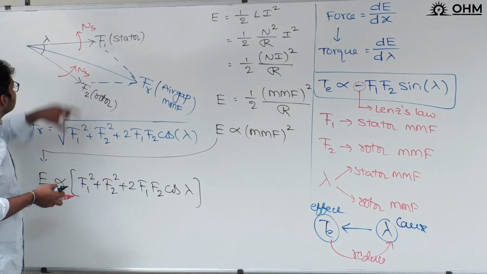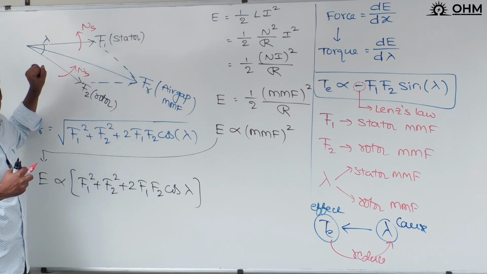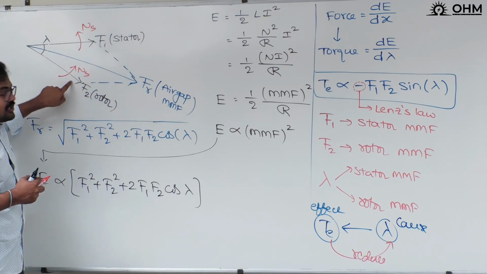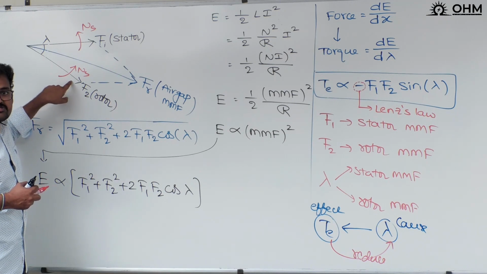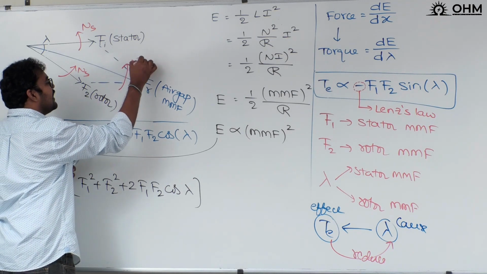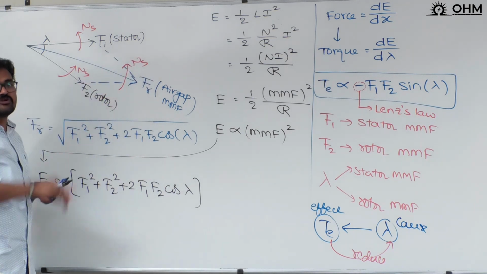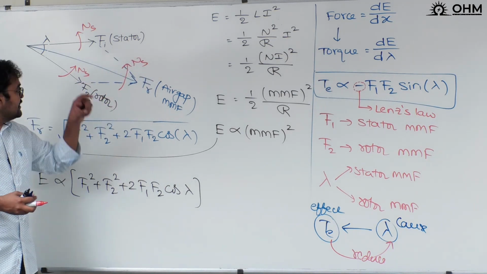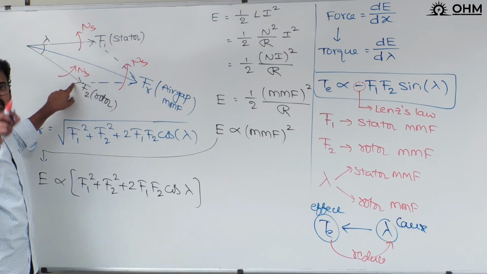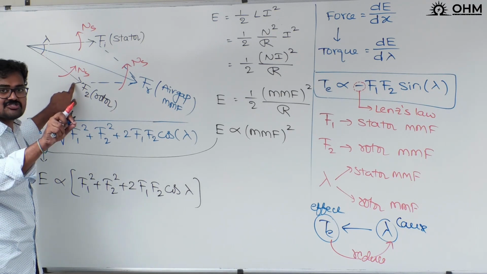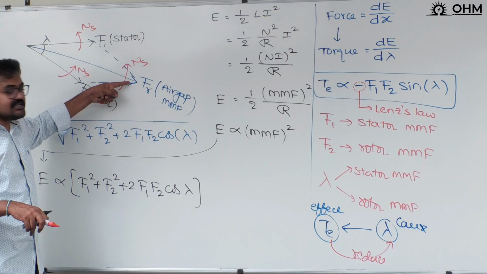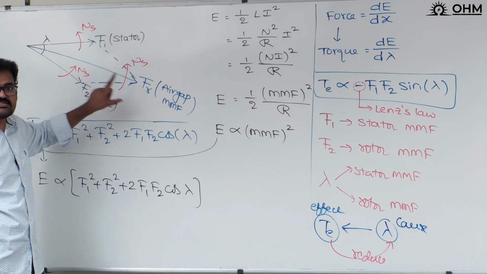In that case, what is the relative speed between these two? 0. If the stator field is rotating with ns speed and the rotor field is also rotating with ns speed, then the resultant field will also rotate with how much speed? Ns. Why? Because it is always in between the two. So in AC machines especially, the stator field and rotor field rotate with the same speed in the same direction, therefore the relative speed is 0, and the resultant field will also rotate with the same speed in the same direction.